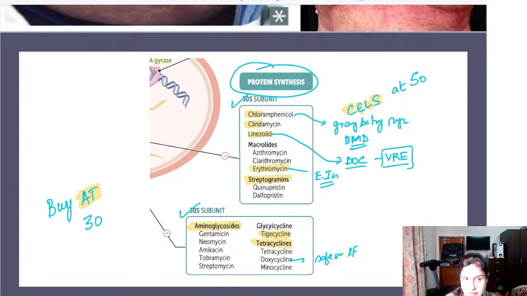Similarly, protein synthesis inhibitors, all of the protein synthesis inhibitors are usually bacteriostatic except, now tell me except, which of the protein synthesis inhibitors are not bacteriostatic but they are cidal? Exceptions are, you know, more important than the regular things. All protein synthesis inhibitors are bacteriostatic except.